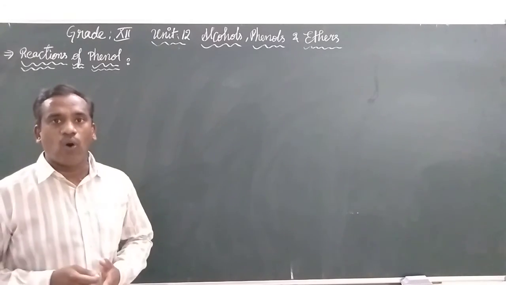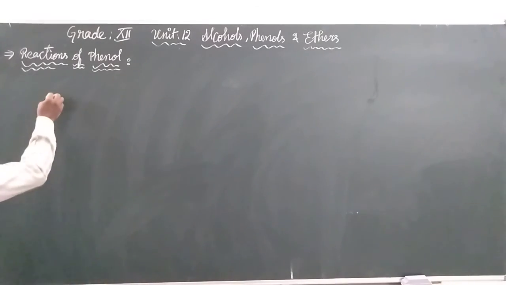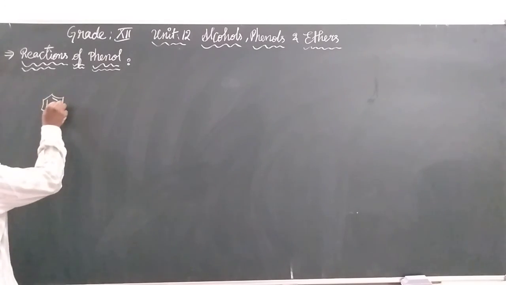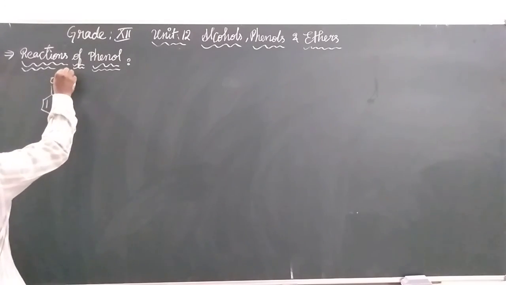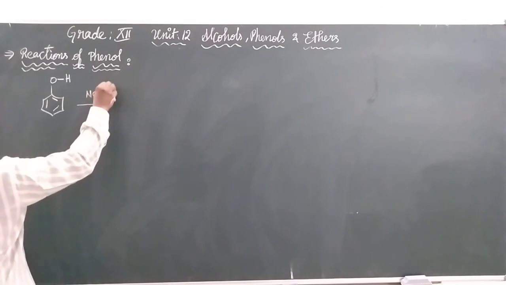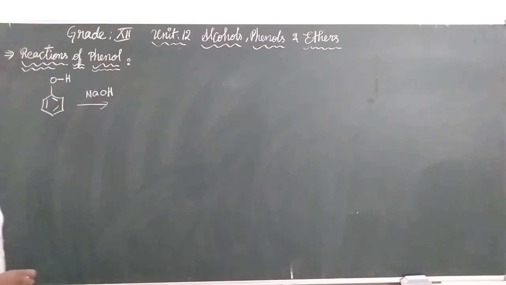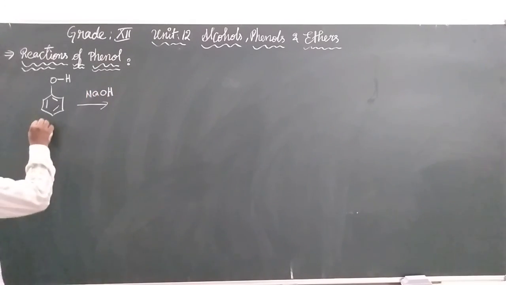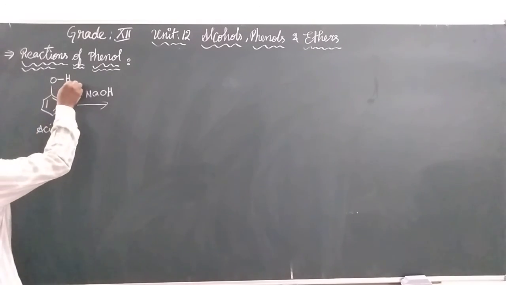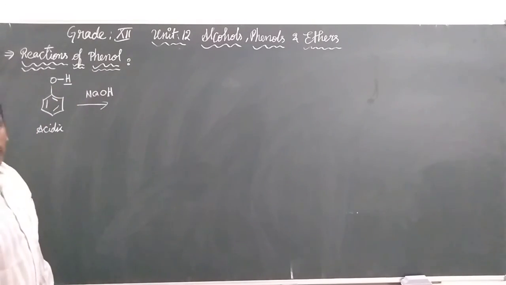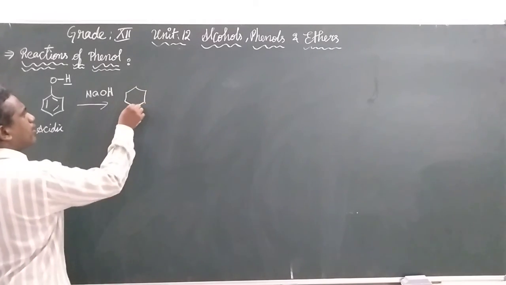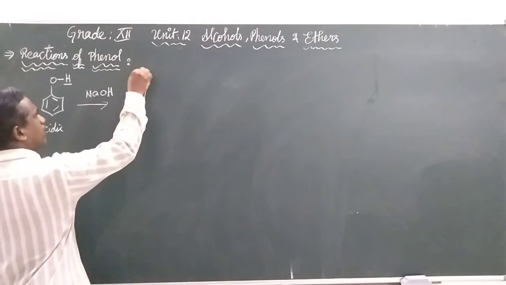Phenol readily reacts with a base like sodium hydroxide because it is acidic in nature. Hence, it readily gives H plus ions, forming the sodium phenoxide ion.